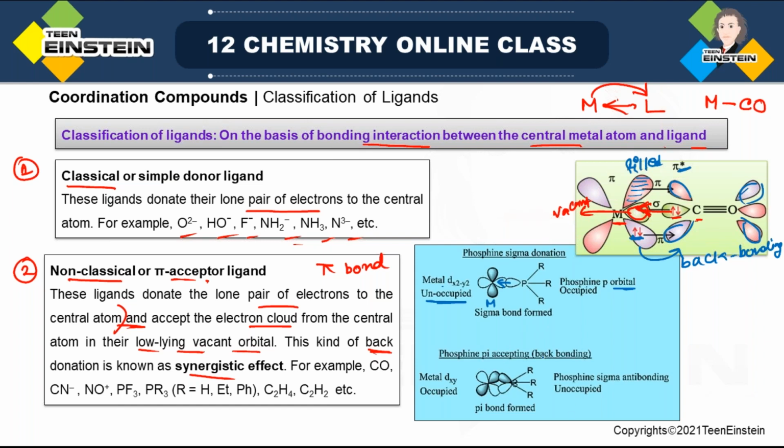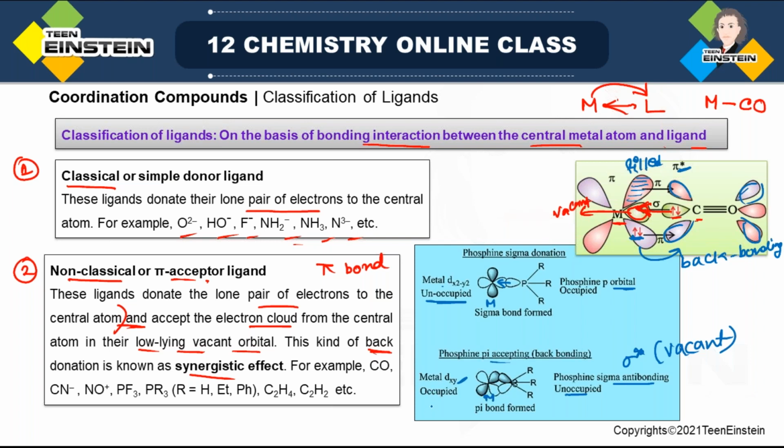Next, what is happening now? Pi accepting or back bonding. Now phosphine also has sigma anti-bonding, because here a pi bond is not present, so we cannot talk about pi star. But here sigma star is present. So this sigma star is basically unoccupied or vacant. So now the metal can donate electron density.